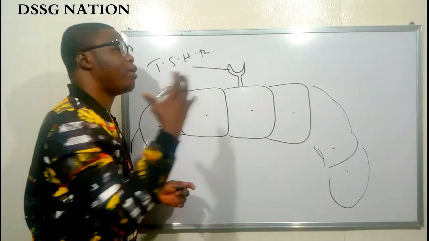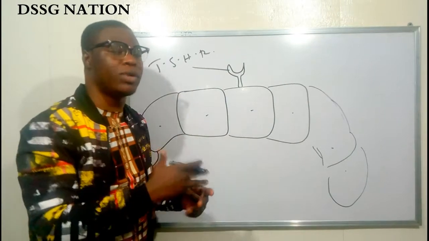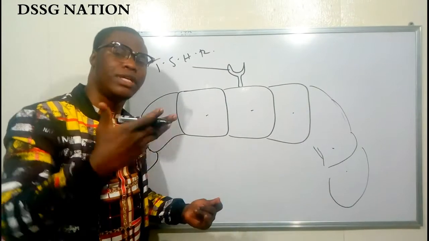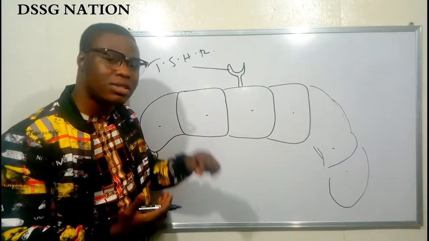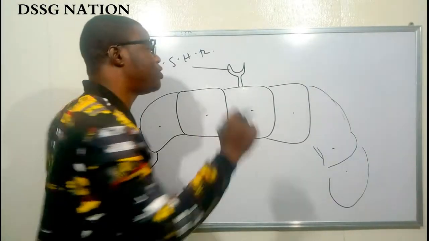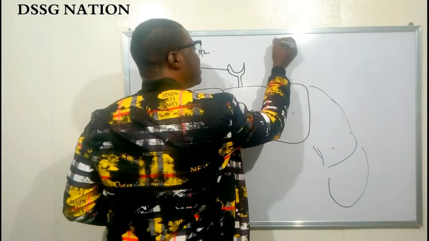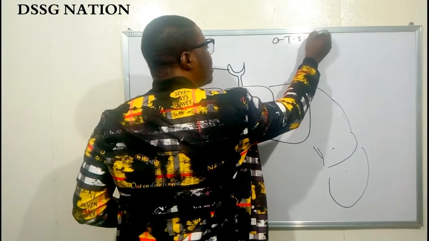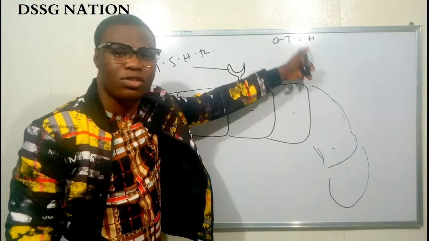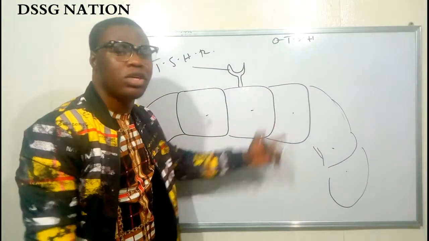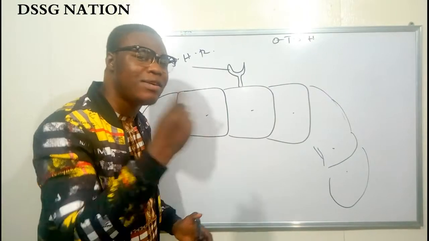Now, when the hypothalamus releases thyroid releasing hormone, it acts on the anterior pituitary. Then the anterior pituitary secretes TSH, the thyroid stimulating hormone. It is like the anterior pituitary sending a messenger, the thyroid stimulating hormone, to tell the follicles to secrete T3 and T4.